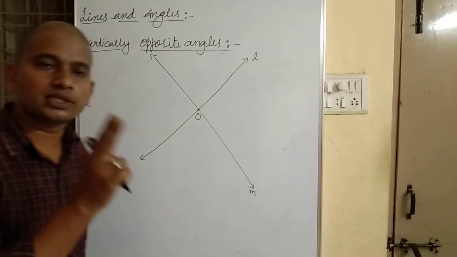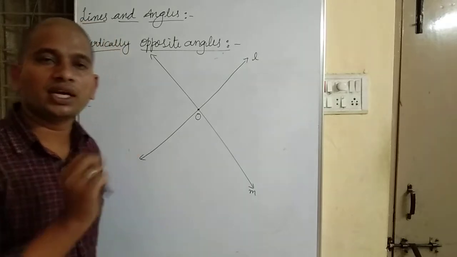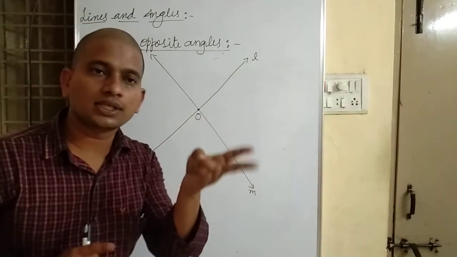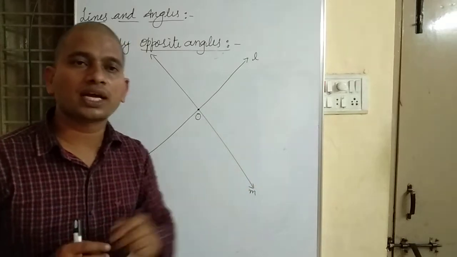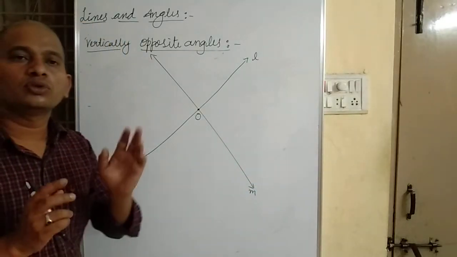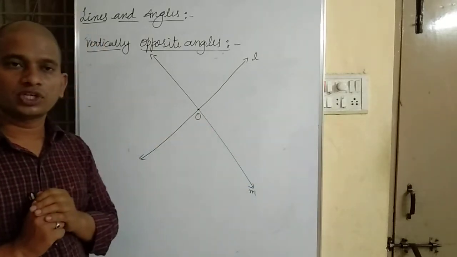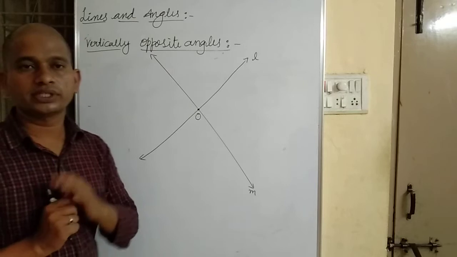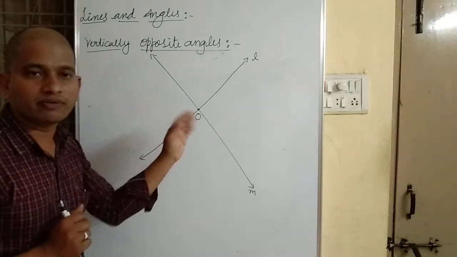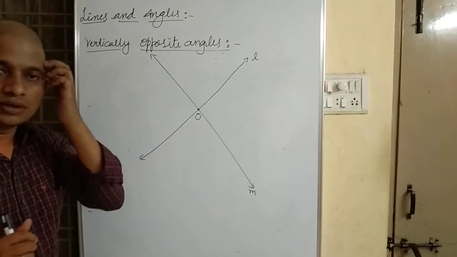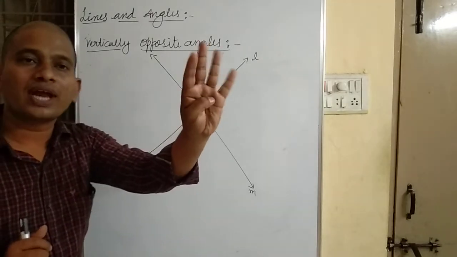Two angles are said to be vertically opposite angles. Those angles do not have any common arm. See here, when two lines intersect at one point, you can find four angles.